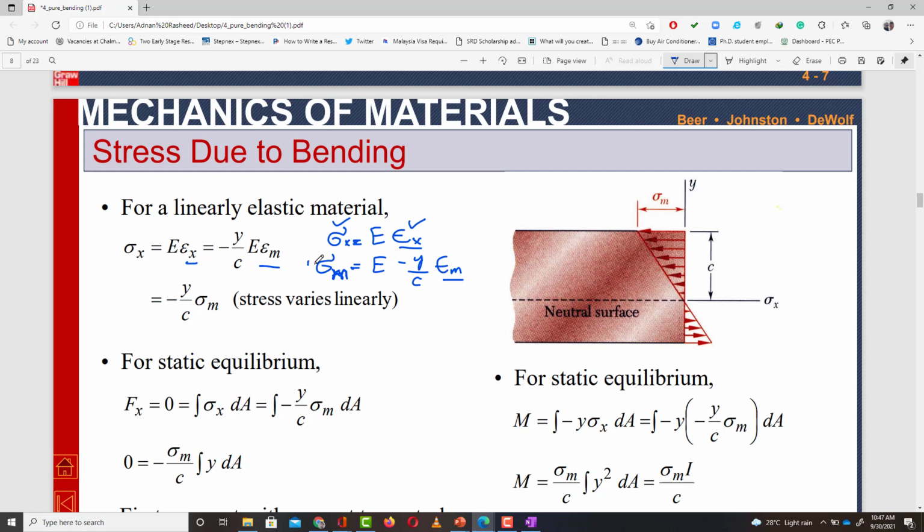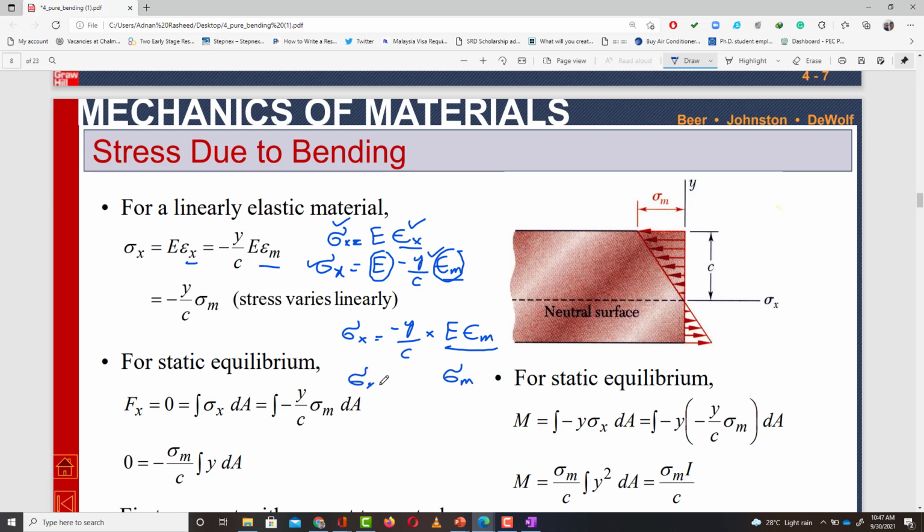Okay, this is the same x, not m. This is sigma x is equal to minus y over c, now this E into epsilon m. Let me write this, sigma x is equal to minus y over c into E into epsilon m. Clear? Yes. So E into epsilon m is sigma m.